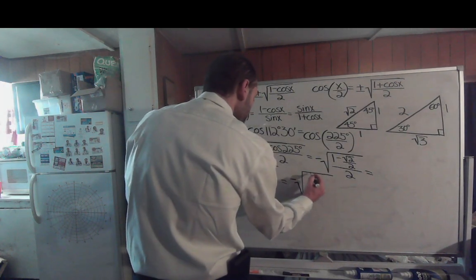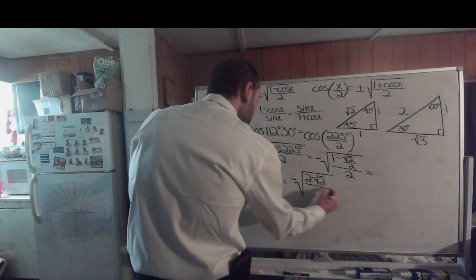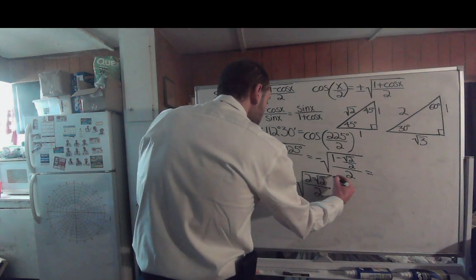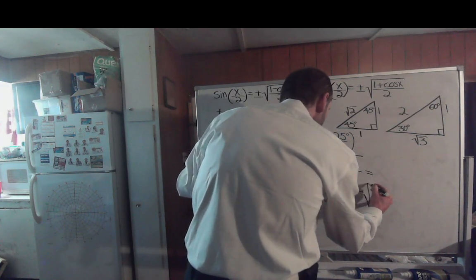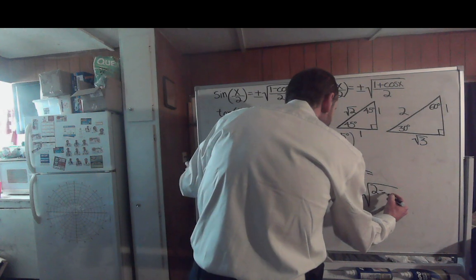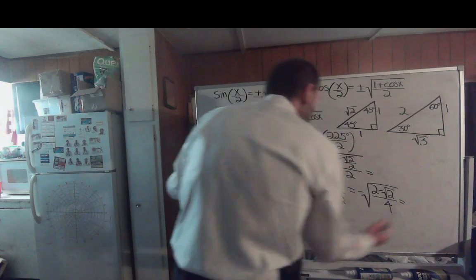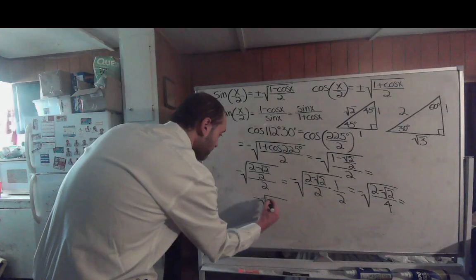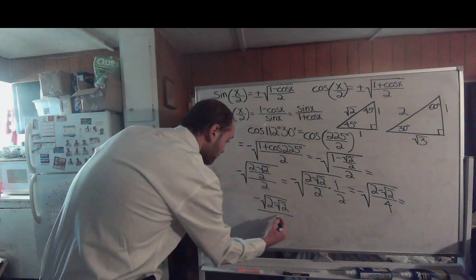So now you have another complex fraction under the radical, so this will be negative of the square root of 2 minus the square root of 2 all over 2, times 1/2, which should simplify into negative of the square root of 2 minus the square root of 2 all over 4, which for the final answer would give you negative of the square root of 2 minus the square root of 2, all over 2.